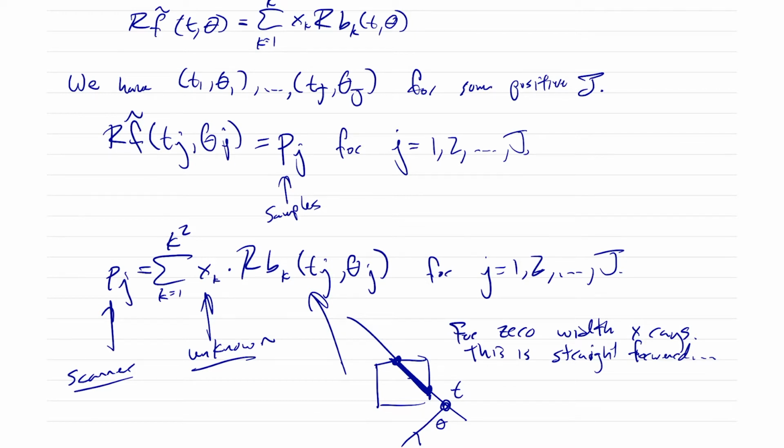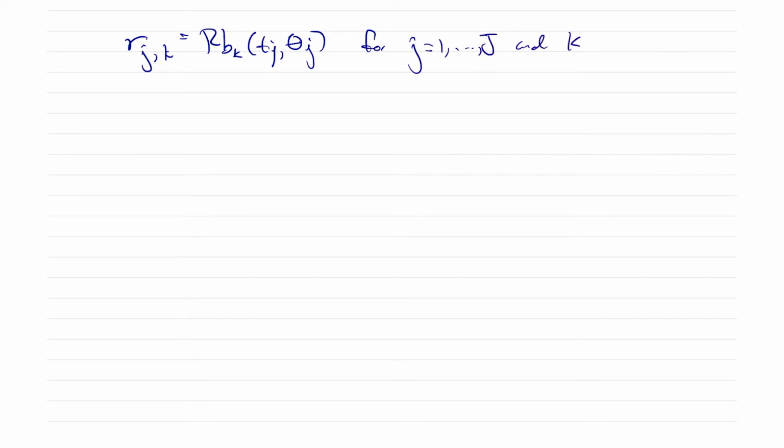Okay, and so then what we do is we go ahead and set R_jk to be equal to the Radial Transform of b_k at (t_j, theta_j), for j equals 1 to big J, and little k going from 1 all the way up to big K squared.